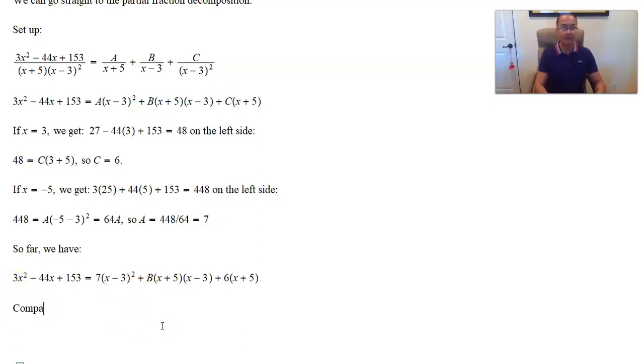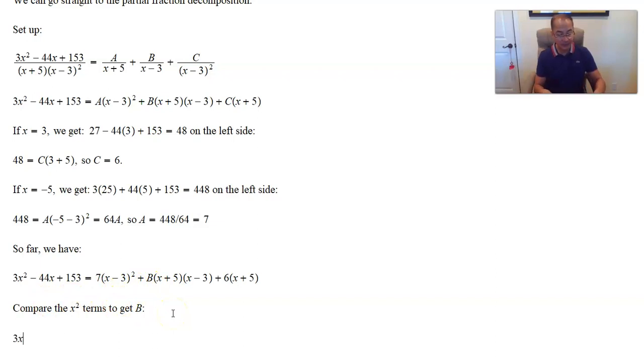So compare the x squared terms to get b. And one more thing. We know this is useful because there is an x squared term times b. If there is no square here, there's no point in comparing the x squared, because b is going to disappear.